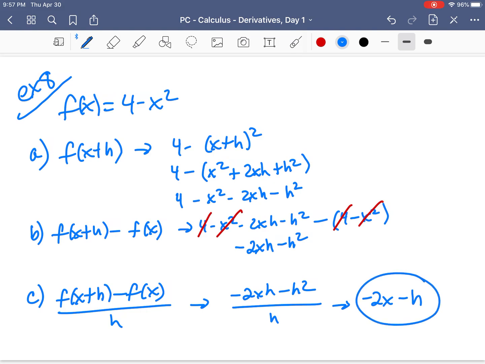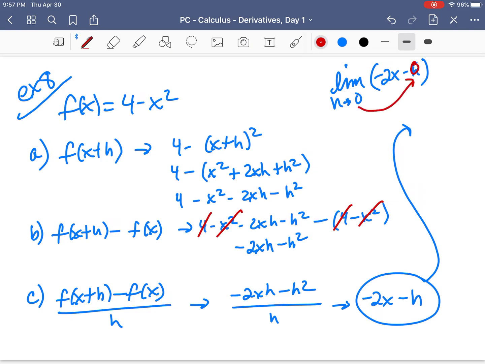Now this is the answer, but I want you to imagine, for our future purposes, if we were doing the limit as h goes to 0 of this expression, negative 2x minus h. Well, what would happen is this h is going to 0, and the negative 2x is just going to sit there, so the answer to this is negative 2x.